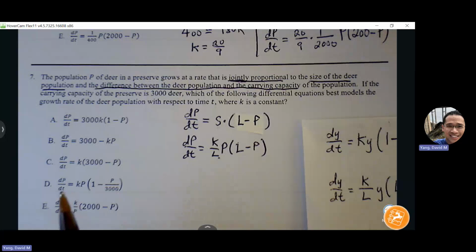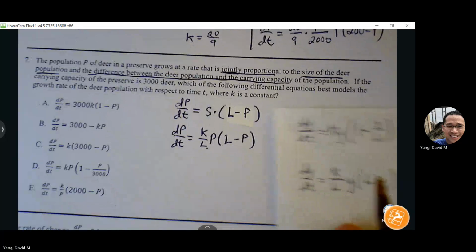Is the size of the deer population the same thing as the deer population?